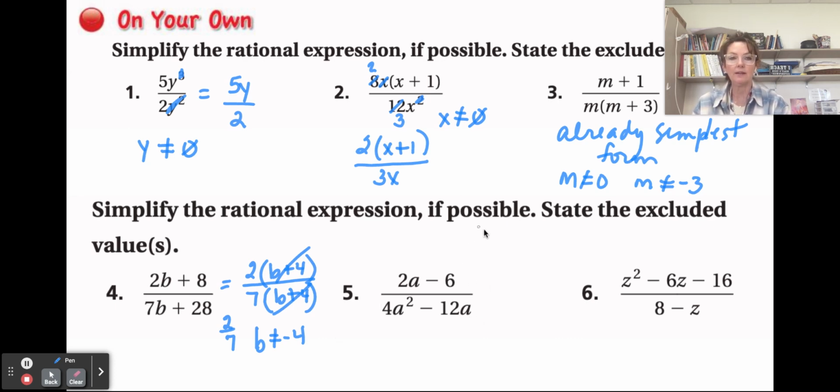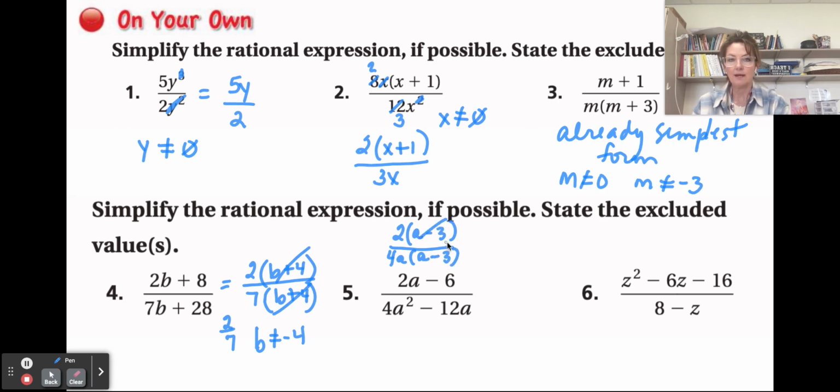Okay. For number 5, we want to factor out 2 in the numerator. I'm just going to do it right above it. So we'll get a minus 3. And then in the denominator, we can factor out a 4a. And so when we divide by 4a, a is what's left, and then 12a divided by 4a, minus 3.